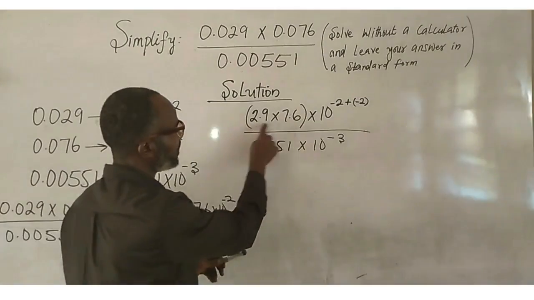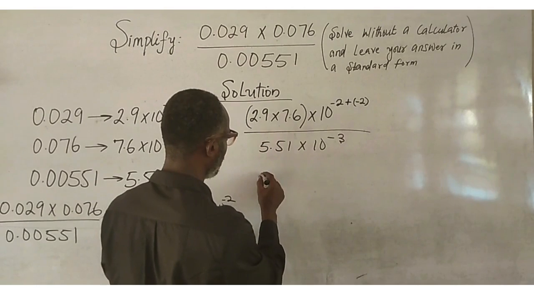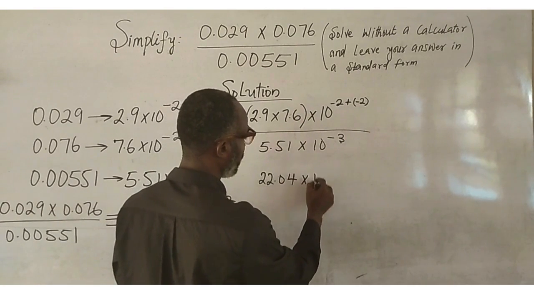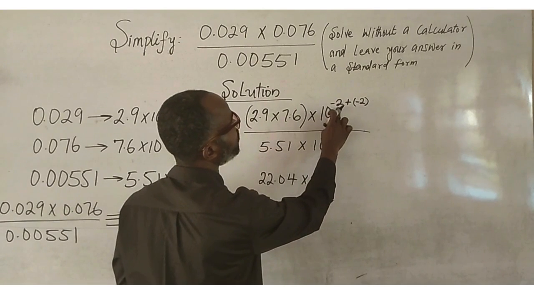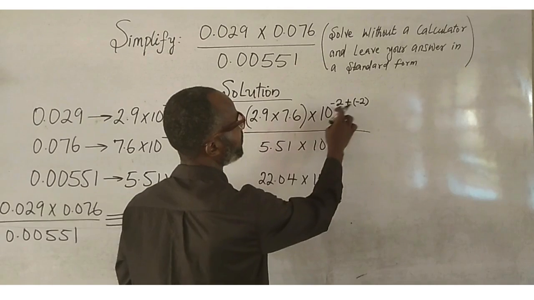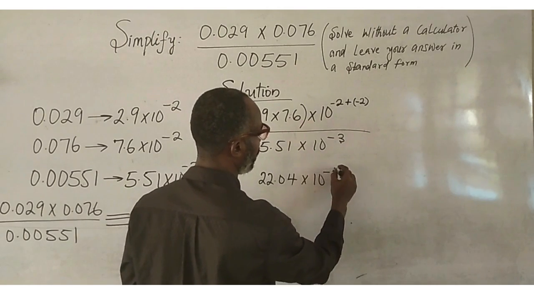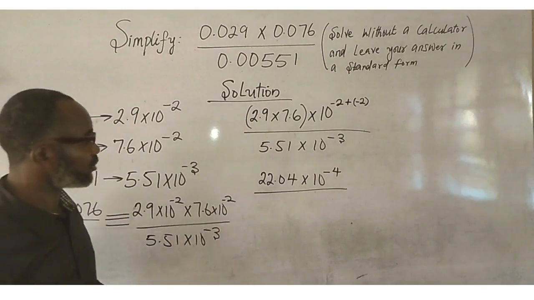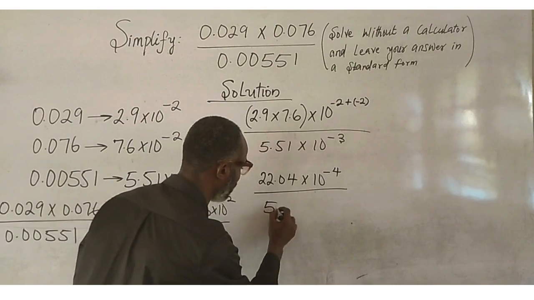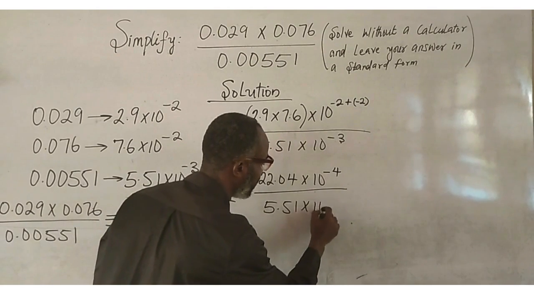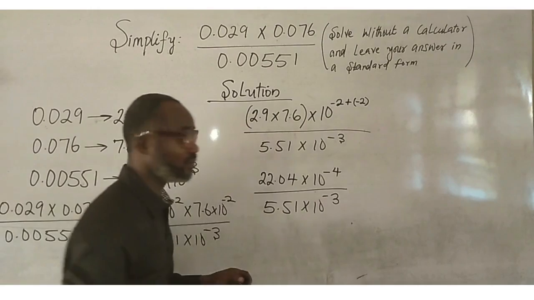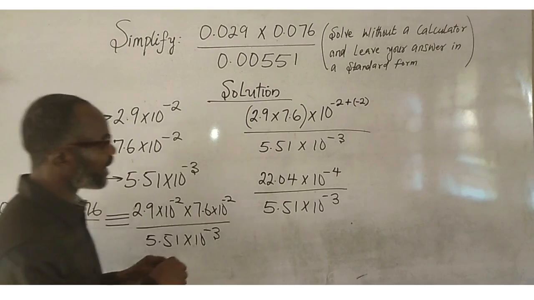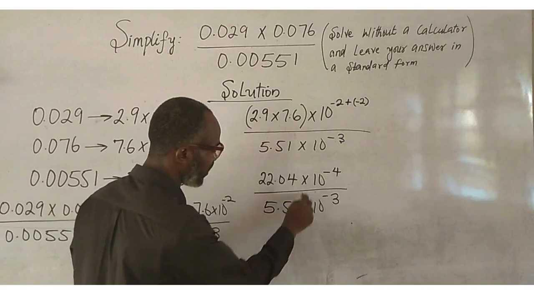This times this is going to give us 22.04 times 10 to the power, look at this, minus 2 minus 2 is going to give us minus 4, all over what we have as the denominator, which is 5.51 times 10 minus 3. Good. One more step and we're done. So what do we do? We carve out this. We need to carve out this.